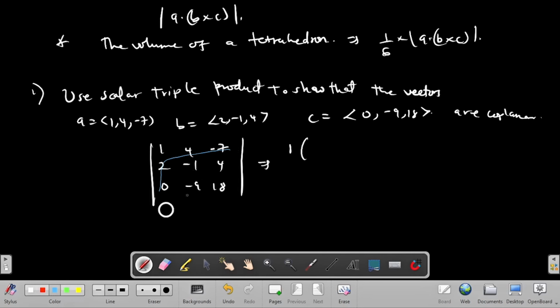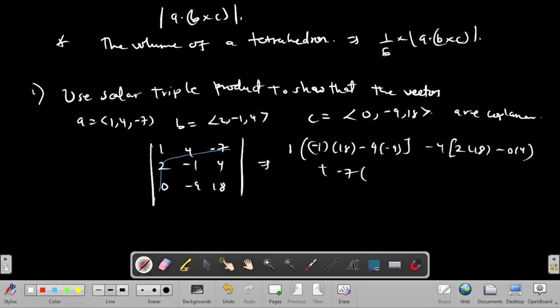So I'll have -1 times 18 minus 4 times -9. Then I'll have -4, which will be multiplying this and this: 2 times 18 minus 0 times 4. And finally, plus -7 multiplying 2 times -9 minus 0 times -1.